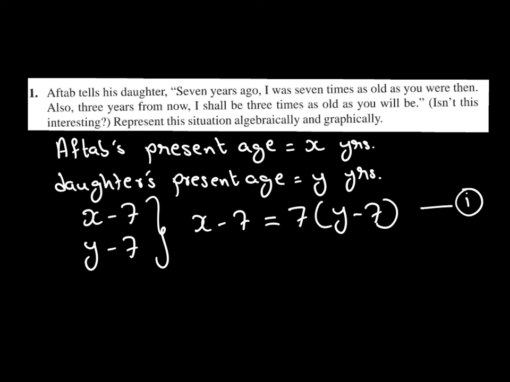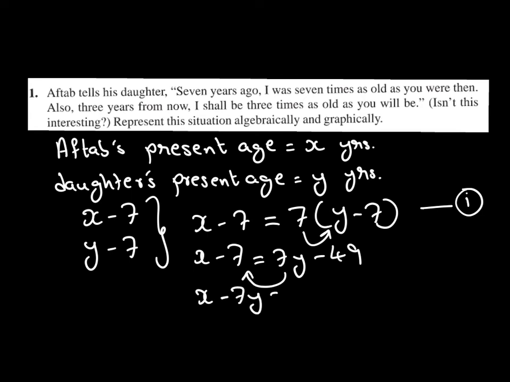We can simplify this. X minus 7 equal to, open the brackets, 7y minus 49. We will bring x and y on one side of the equation. X, when 7y comes on this side, it becomes minus 7y equal to minus 49.